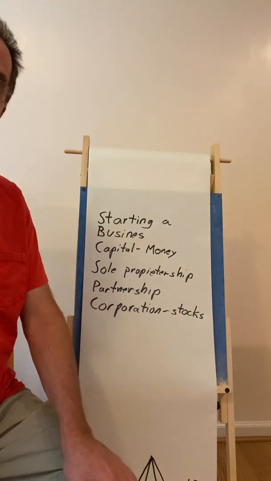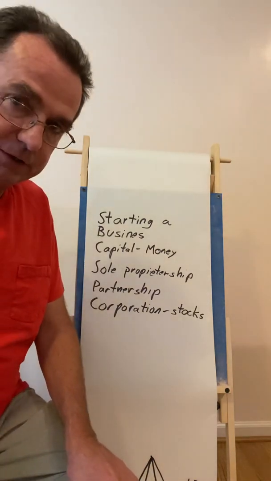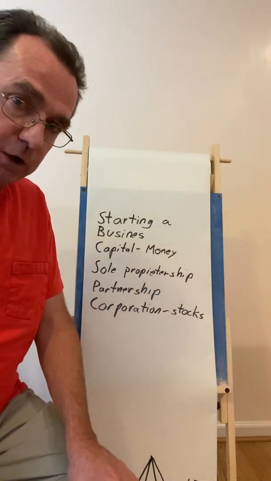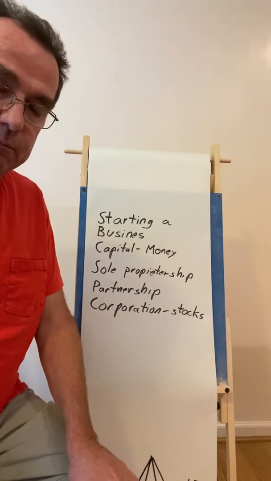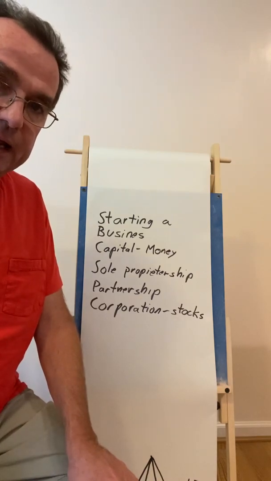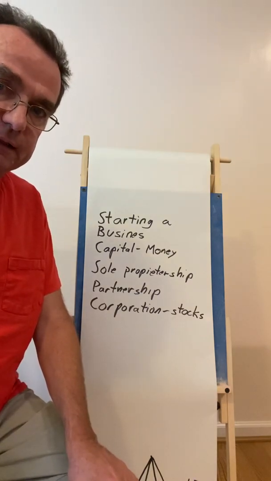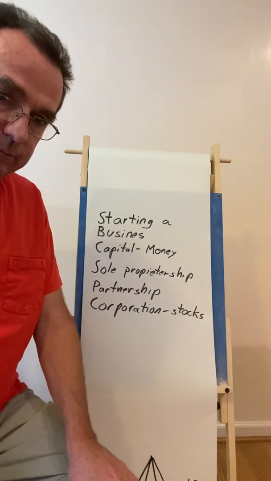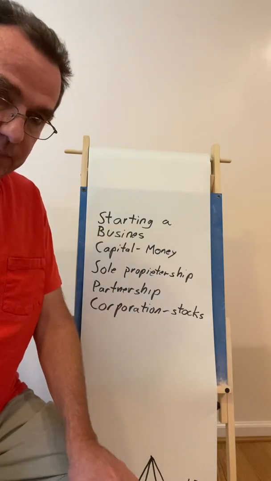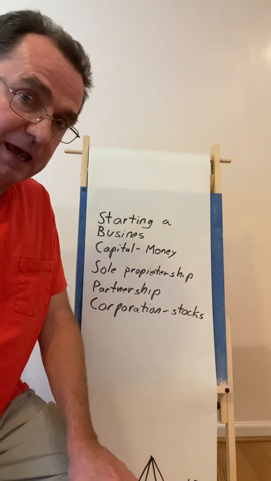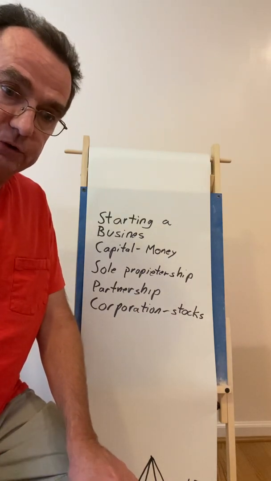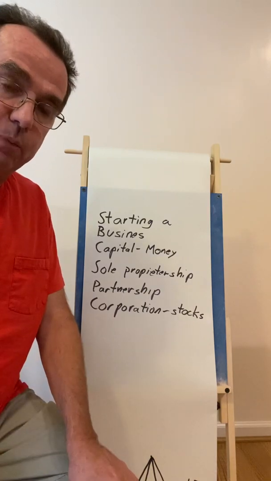One would be known as a sole proprietorship. This is when there's just one owner of the business, usually a small business, maybe a barber shop, maybe a candy store, a bodega, something like that. You need capital to start a business. So sometimes if you're the only person, you don't have enough capital, so you need to take in partners, which is another level called partnership.